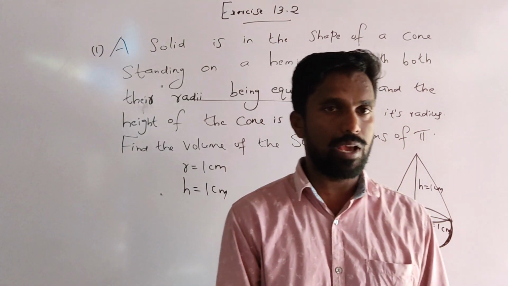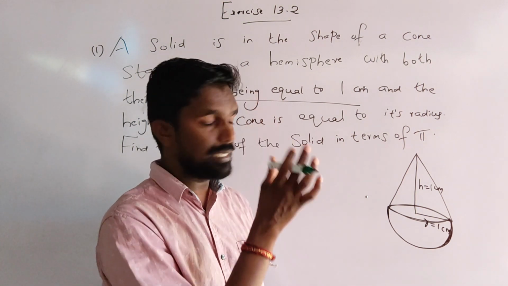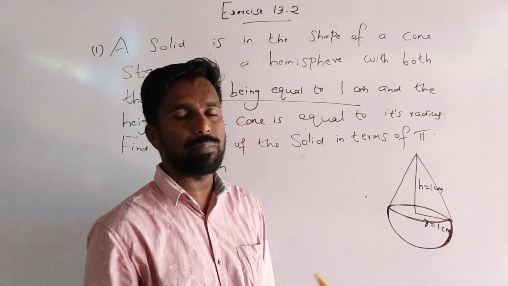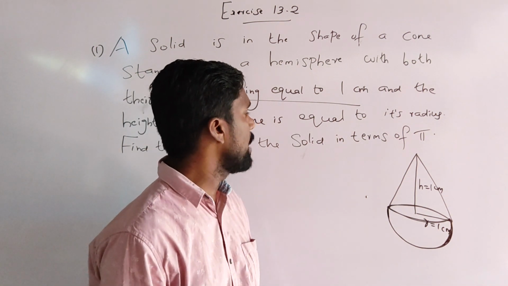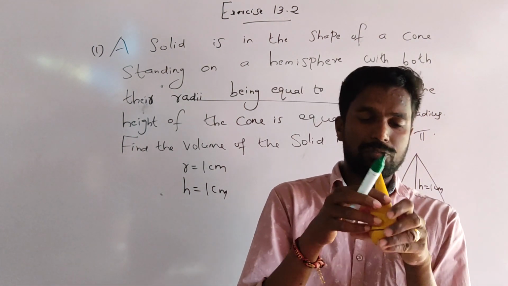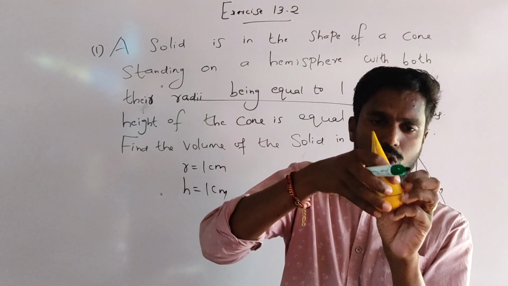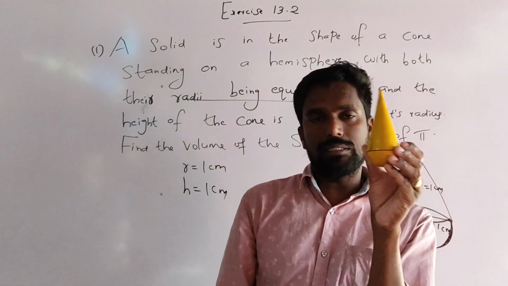We have to find the volume of the solid, in terms of pi. That means we keep pi itself, no need to substitute 22/7. This is our solid: on a hemisphere, a cone is standing.